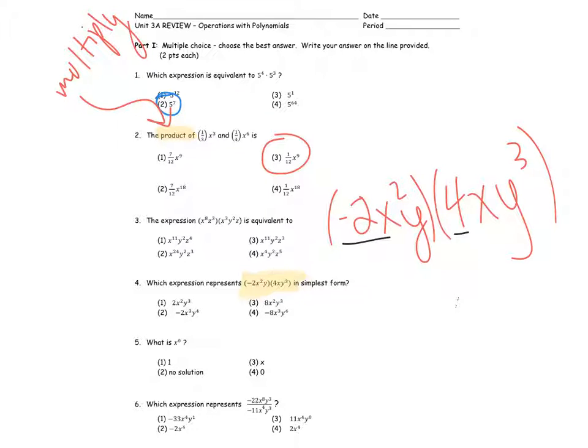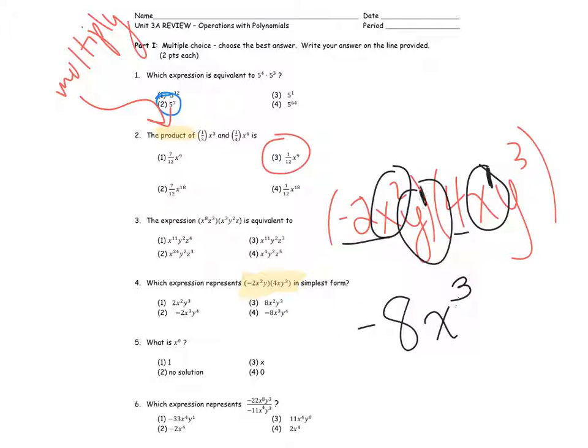I'm going to get negative 8. Then I have x squared with x. And be careful here. There's that invisible 1 right there. You have x cubed. Then I have y, technically to the first, times y cubed. And I end up with y to the 4th. So my answer ends up being answer choice 4.